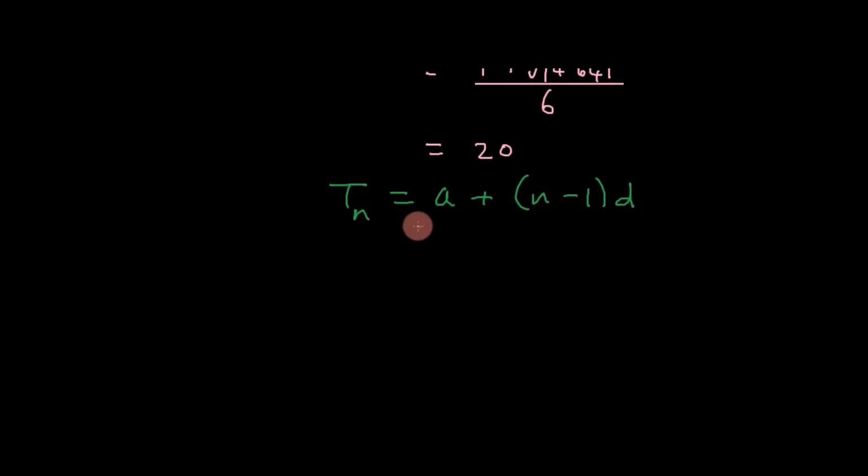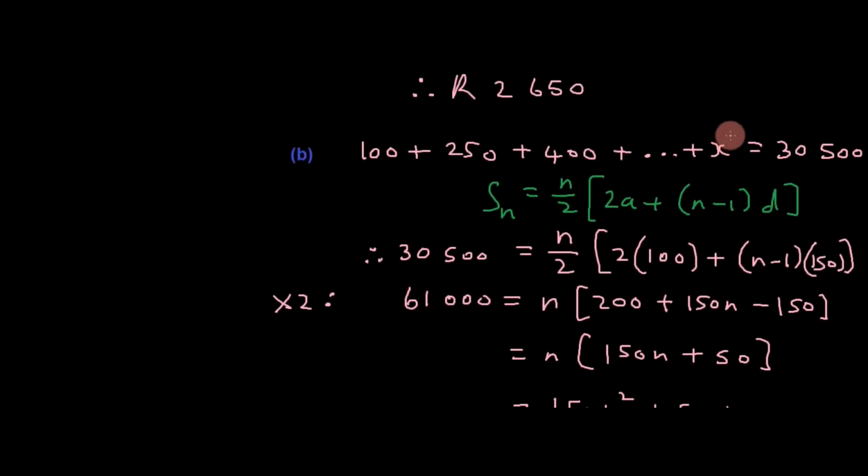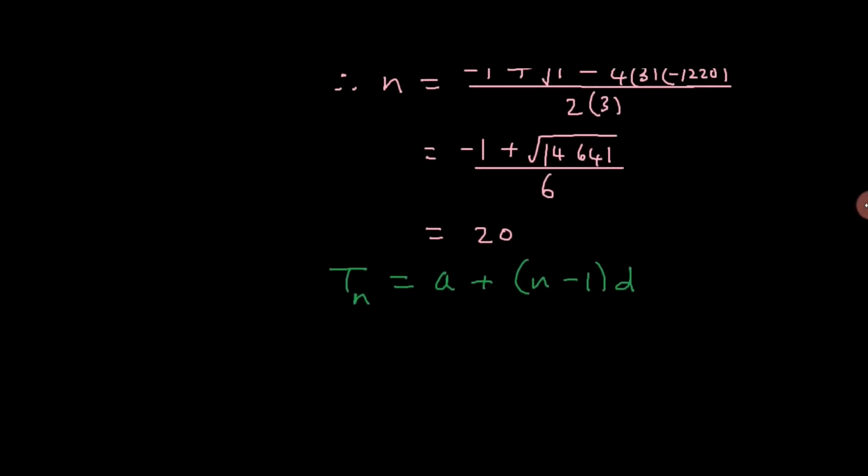T sub n, of course, is the last term, or the nth term, which is x in this case. So we can substitute in. T sub n is x. A was 100. N is 20, so 20 minus 1 is 19. And d was 150.